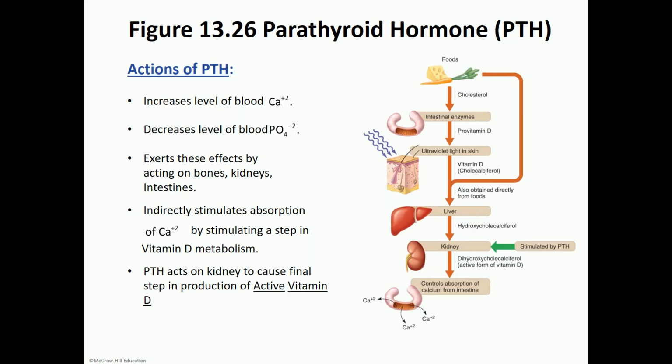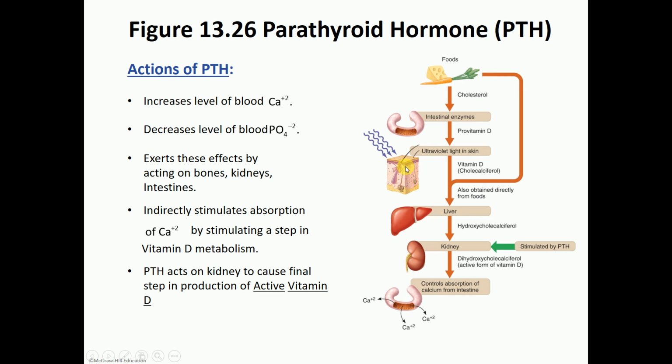Now you can see that vitamin D, we talked about how PTH has to activate vitamin D in the kidney. So why is it that vitamin D needs that activation? Well, we take vitamin D in 2 forms, either from food or we make vitamin D by using the ultraviolet light in the skin. Both forms, whether we eat it or whether it's made in the skin, both of them are inactive.